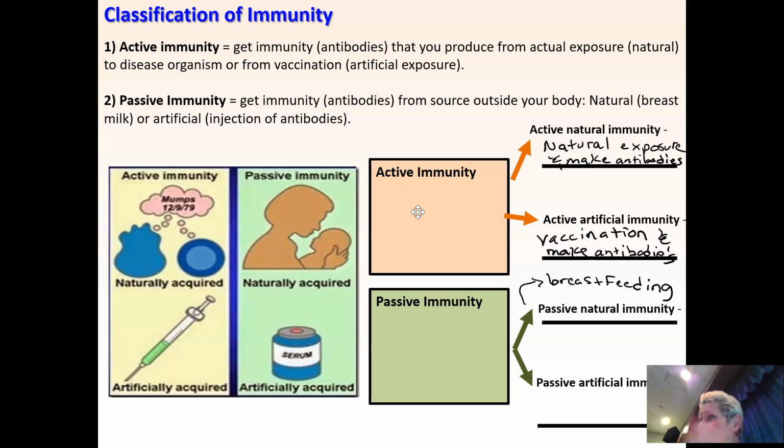Passive artificial immunity. So what's this indicating? Have any ideas? That's a tougher one. I'll give you an example. I just had someone from the Black Creek Wildlife Center come this Tuesday and give a talk on reptiles, the reptiles we have in South Carolina. And of course, he started talking about venomous snakes, with the warm weather coming.